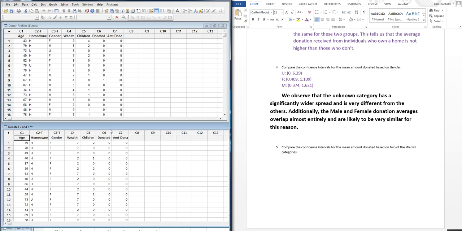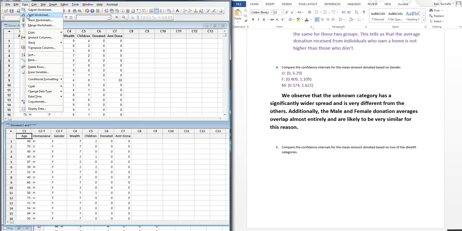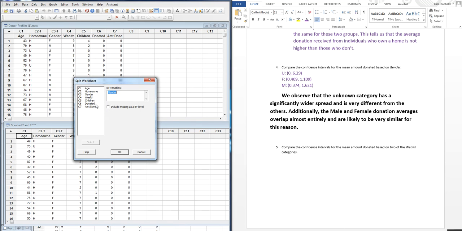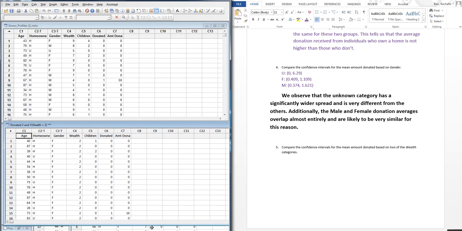So here's where you got to be careful. This has both 2 and 7. And I'm going to do the means for 2 of these. So now I need to split this into just the 2s and just the 7s. So now I'm going to go back up here and split the data by, where is it? Wealth, because my wealth only has 2 values in it. Ta-da! Now there are other ways you could have done this.